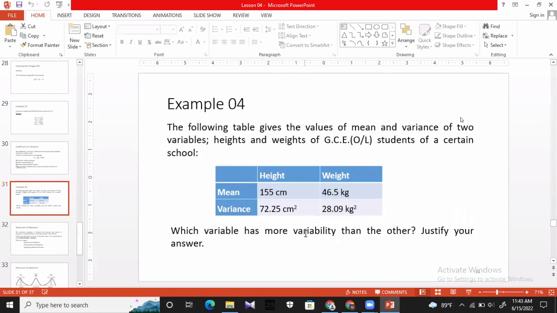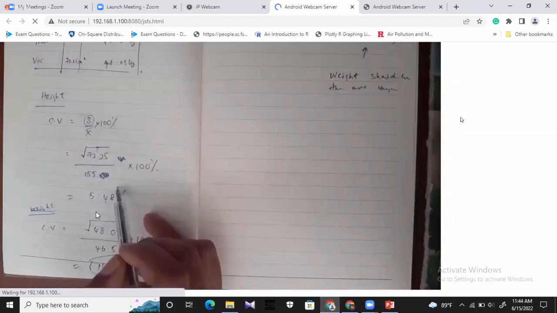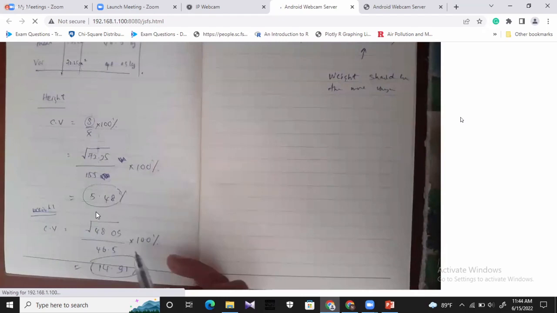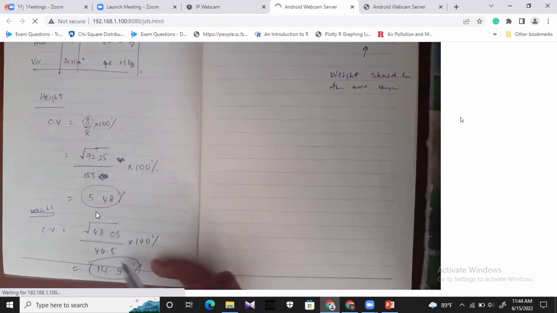The same method, you have to compare two. Therefore, you have to compare their coefficient of variations. You can see that the coefficient of variation of 5.48 is less than 14.91. This 14.91 has the highest variability.